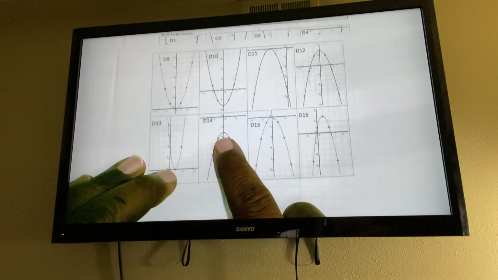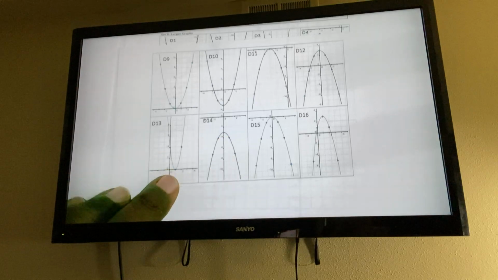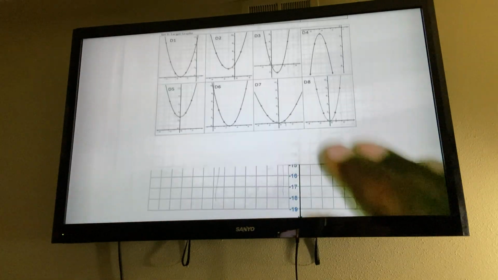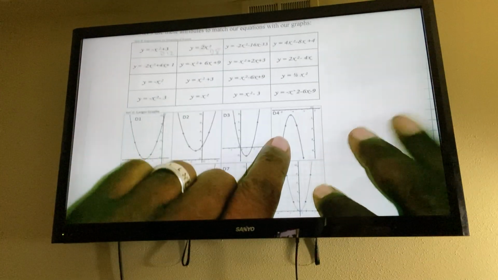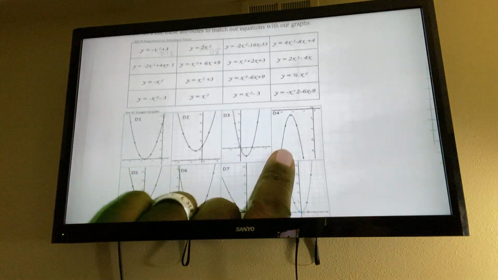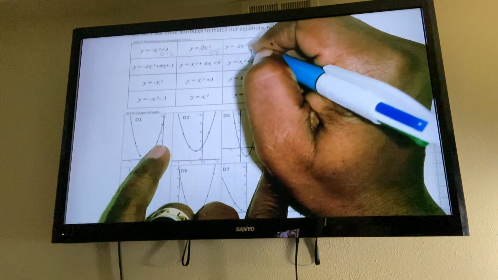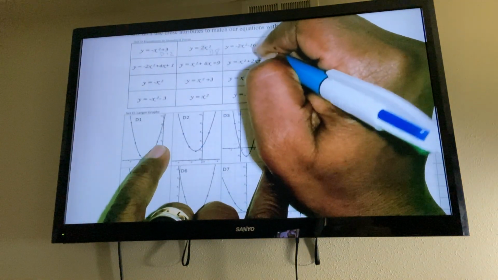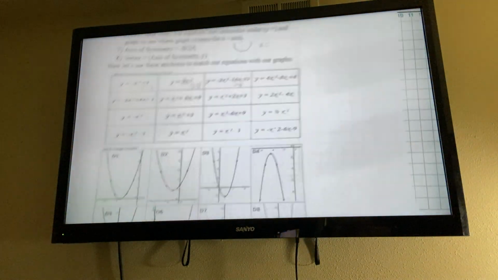This vertex is 0, -3. So the only one, we don't have to go any further. The only one that matches, ding, ding, ding, ding, here's our winner, D4.